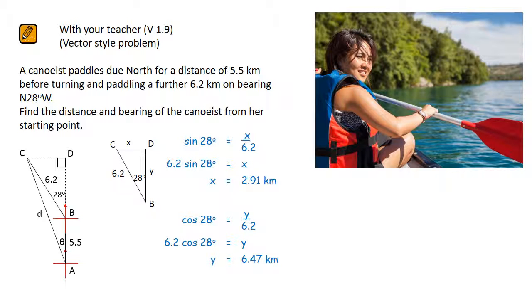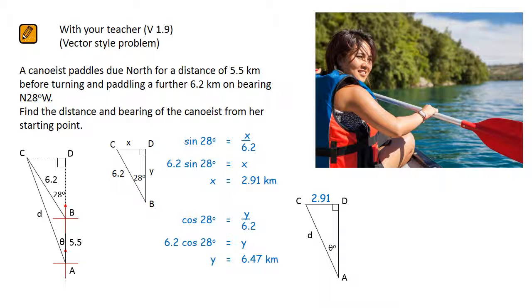Now we can turn our attention to the large right-angled triangle to work out D. We know that the distance CD there is x, 2.91. And we can work out the distance from A to D because we know the distance y is equal to 6.47.